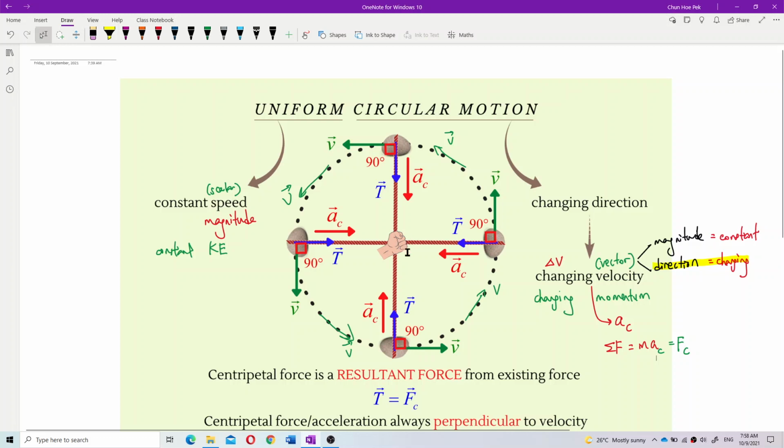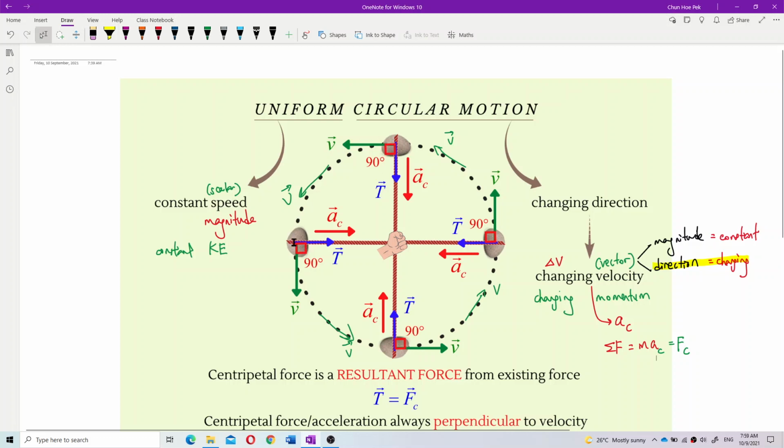So actually, when you try to throw the stone, it moves in a circular motion because you are holding on to the stone through a rope. So there is a tension force in the rope pulling on the stone to the center of the circle, continuously.